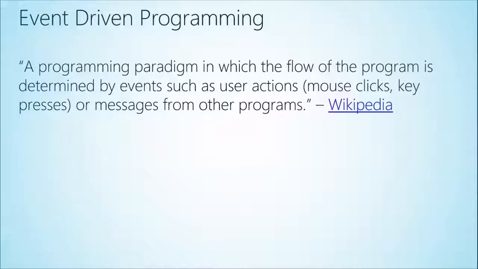Basically, it's a different way of thinking about your program flow. Normally, in the more imperative style programming languages, the lines of code tend to follow each other, and it's a little bit more linear in terms of flow. With event-driven programming, it's a little bit different.